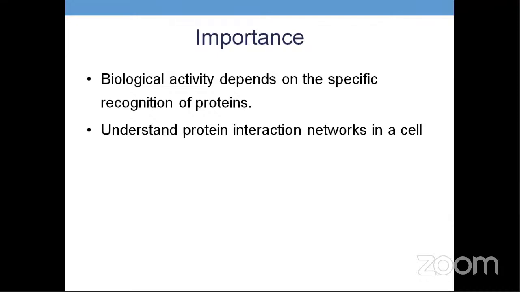Now, the unrestricted growth of the tumor is mediated by interactions between several proteins. So in order to know how one protein interacts with the other and how that particular interaction leads to the overproduction of certain other substances, which leads to the amplification of the signal to proliferate a particular tumor tissue, that is called the networking. So this networking can also be studied with the help of docking.